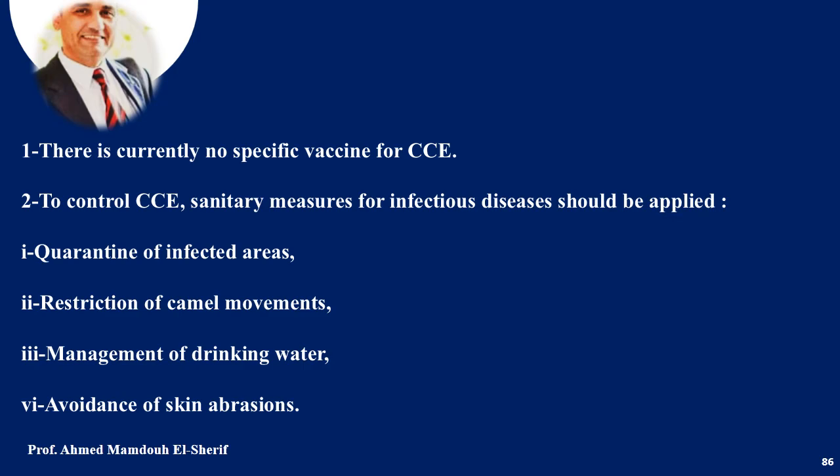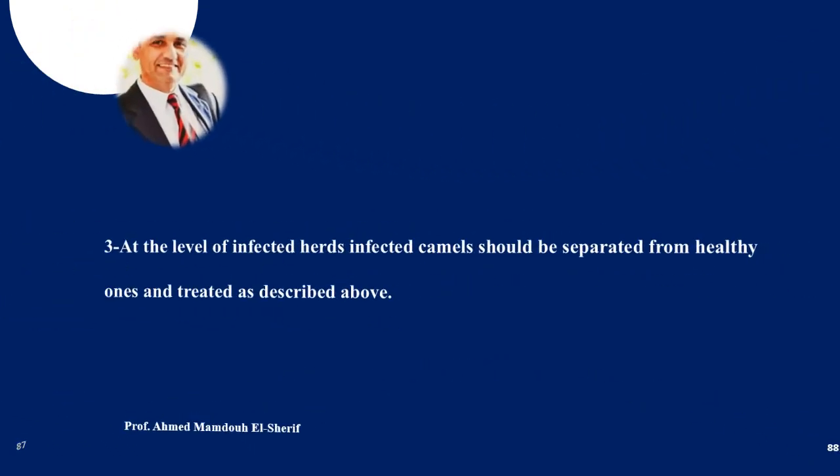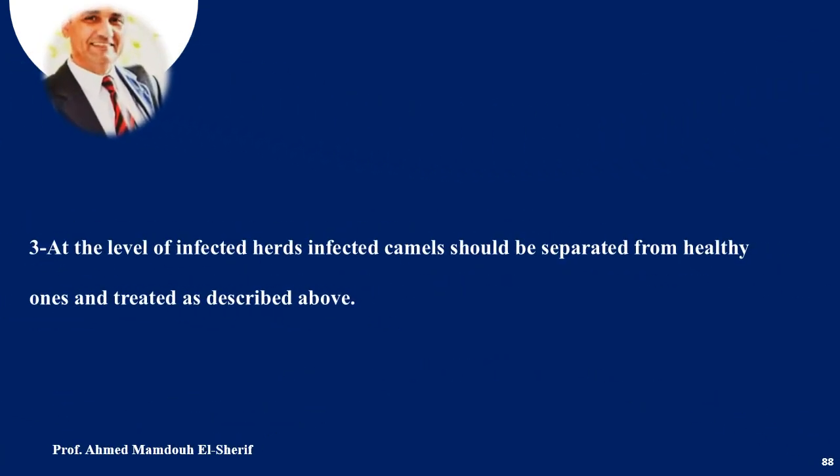Number 4, avoidance of skin abrasions. All the latter measures are difficult to implement in the open range production system of camels, owing to the migratory pattern of camels and difficulty reaching them, especially during the rainy seasons. At the level of infected herds, infected camels should be separated from healthy ones and treated as described before.